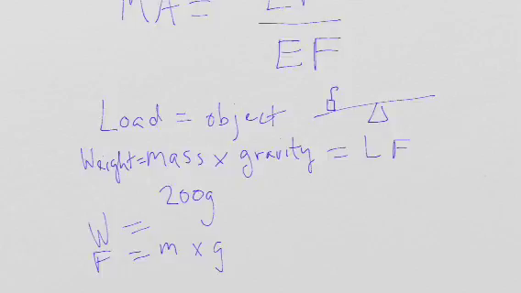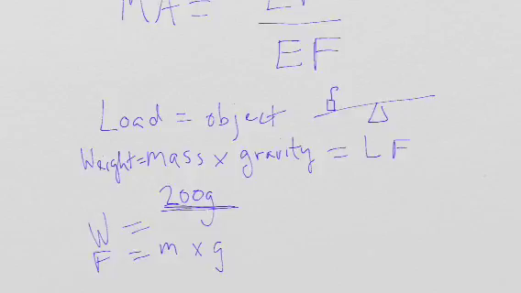F is equal to m times g. We know that mass is always in what unit? Kilograms. Okay, now here's the trick. What did I tell you the mass of my object was? It's in grams. So you have to convert that.